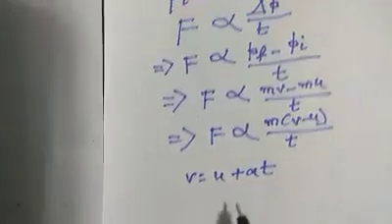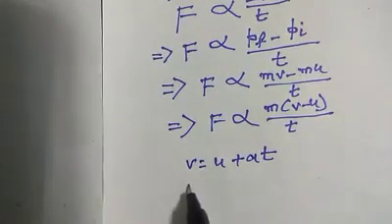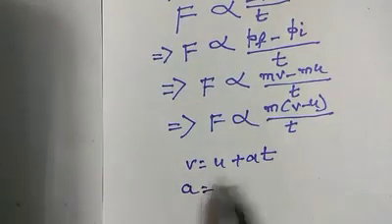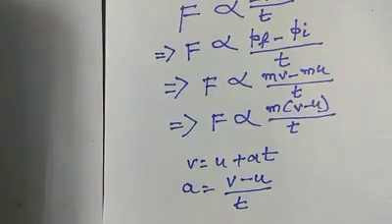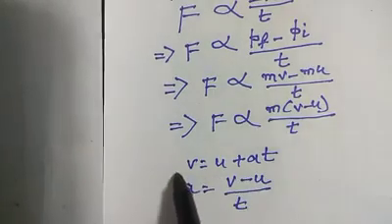And if we flip over the sides, what we get is a equals v minus u by t. Now you see why I deduced the acceleration formula first. From that formula, we deduced this part.